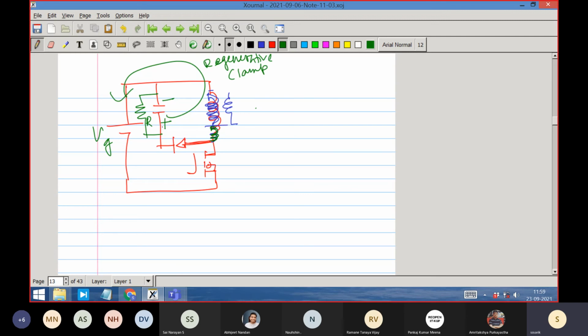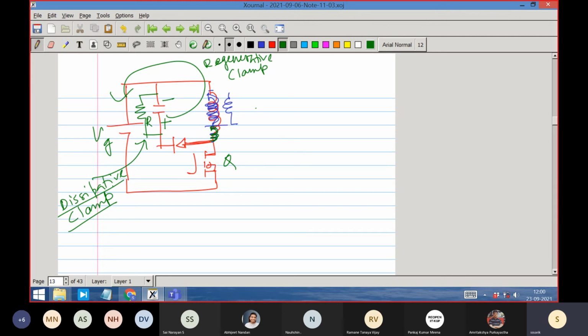But here, for simplicity, we are dissipating it, hoping that the leakage inductance is not so big, and the energy involved in the leakage inductance is not so large, so it can be afforded to dissipate in a resistor, and it will not significantly affect the efficiency of the converter. This is therefore called a dissipative clamp. This design and other things are not in the syllabus, they will be in the advanced syllabus, but you must be aware of the problem.